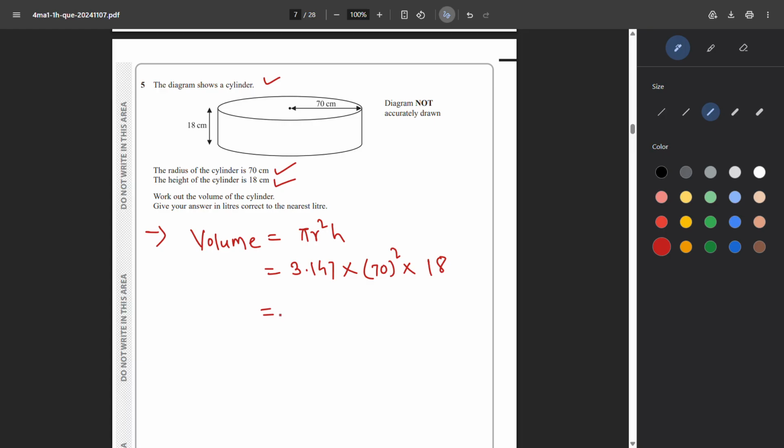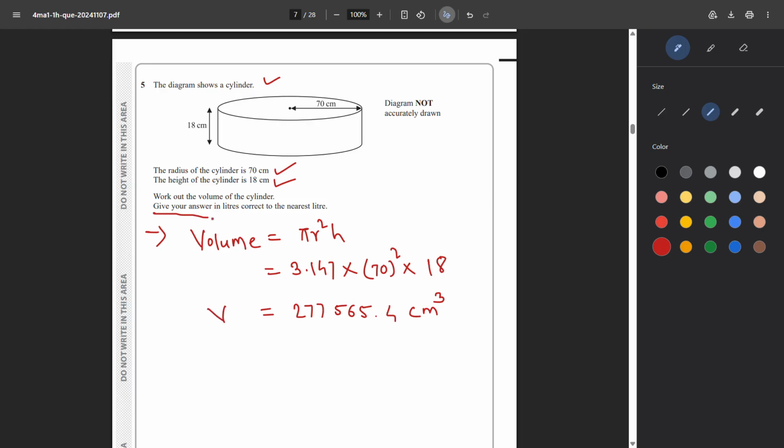So putting all these values in the calculator, 3.147 times 70 square times 18, you will get 277,565.4 centimeter cube. Volume is always written in centimeter cube form.